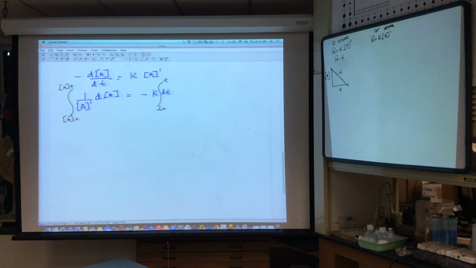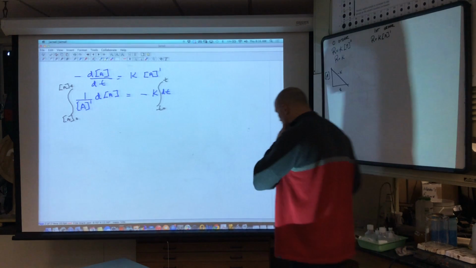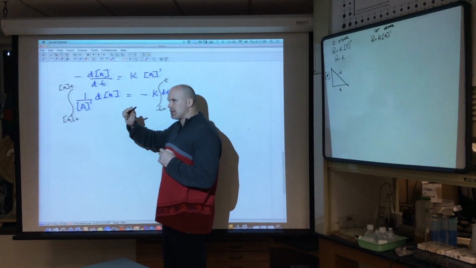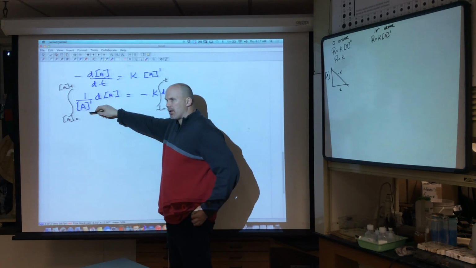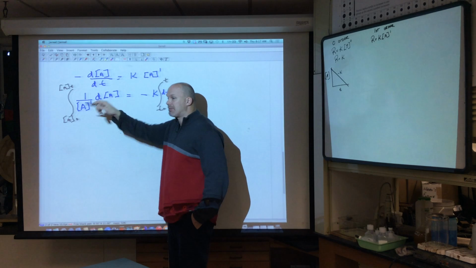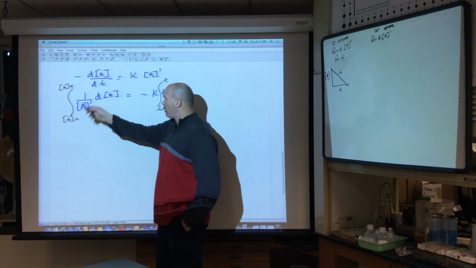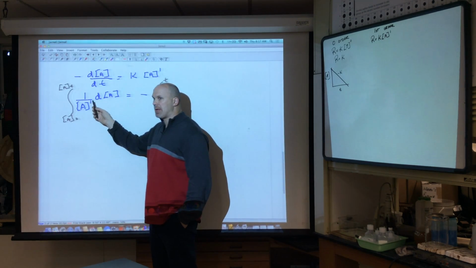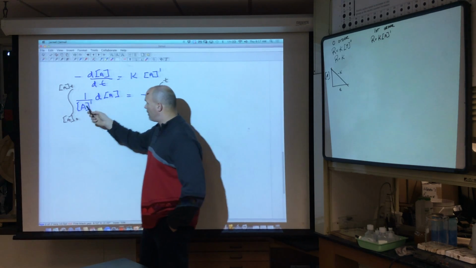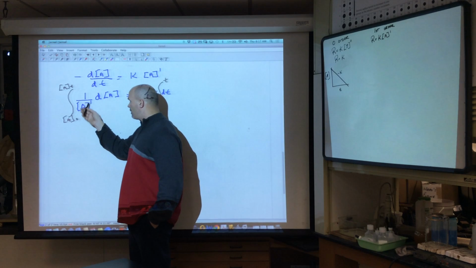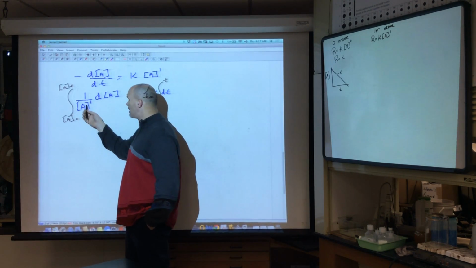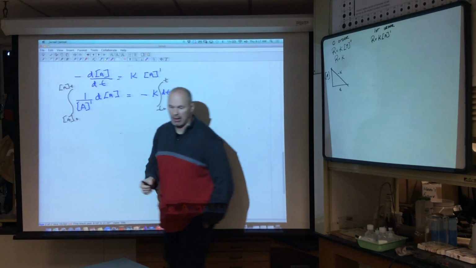Okay, now, different proof. Anybody know, if this is 1 over A, what is that the derivative of? Right. The 1 over A is the derivative of the natural log of that value. So if this is the derivative, to go backwards, we have the natural log of A. Okay, for those that are studying.